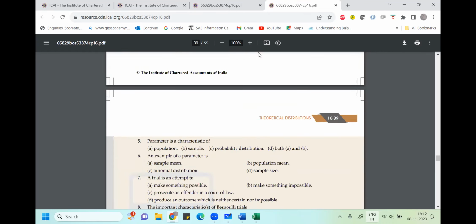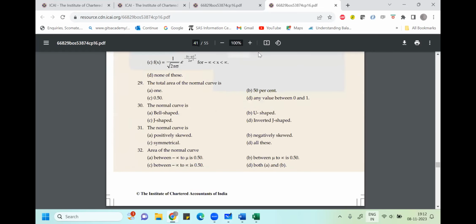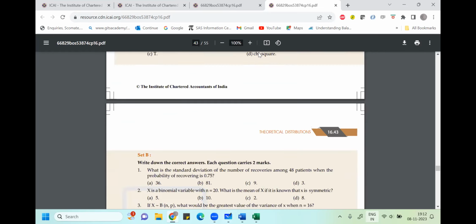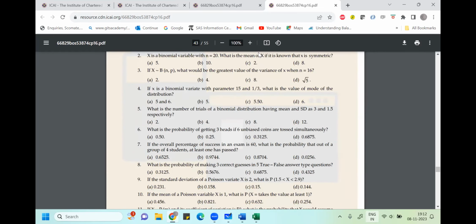Please check the answer also, what we are getting. Approximately you should get the correct answer, your answer should not vary too much.